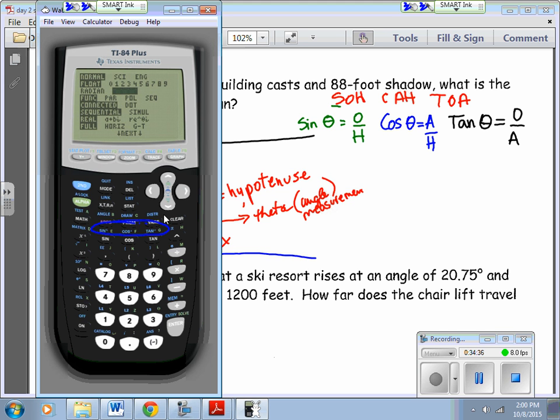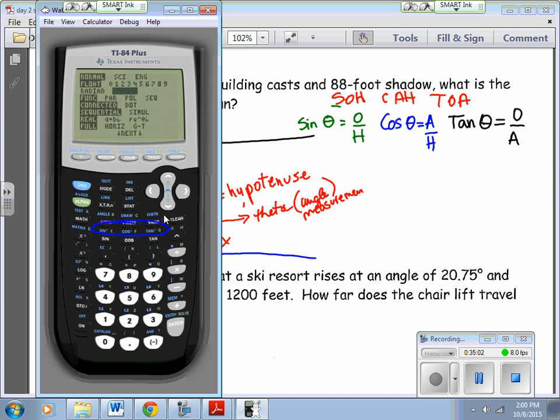They also say sine, cosine, and tangent. But do you notice that they're to the -1 power? We're going to use those when we need to find angle measurements, okay? So in this case right now, we need to use those buttons to help us solve for the angle in this problem, okay?